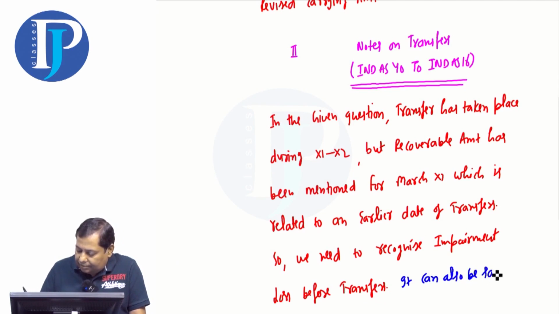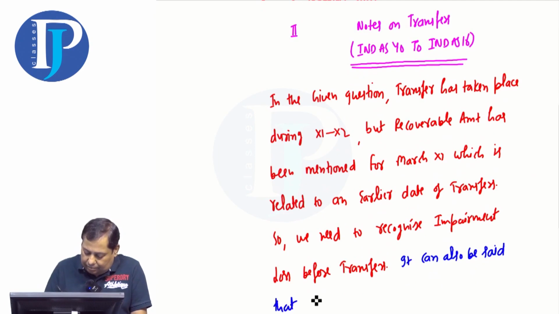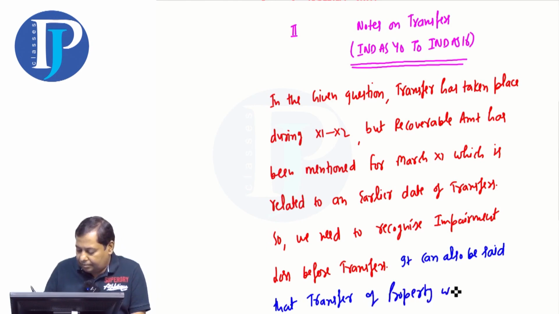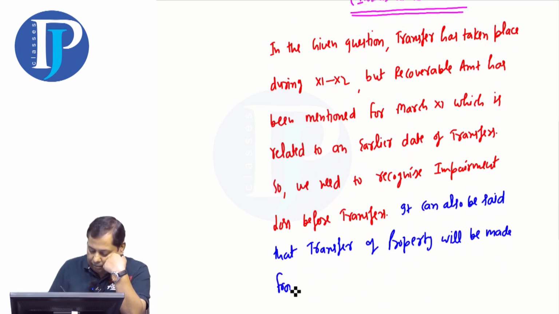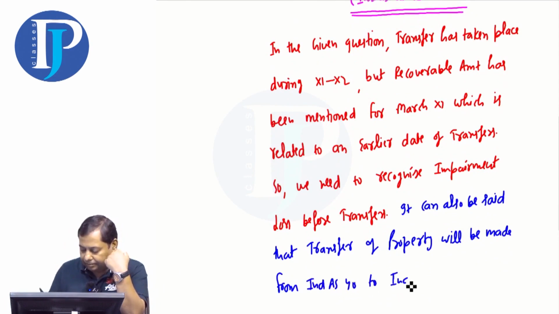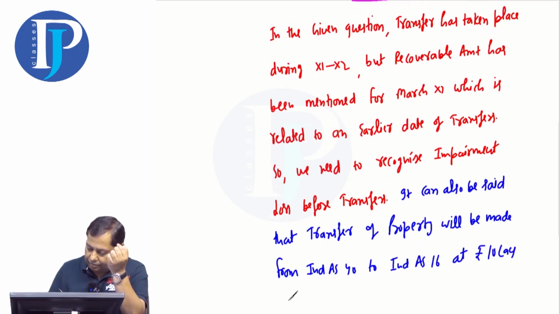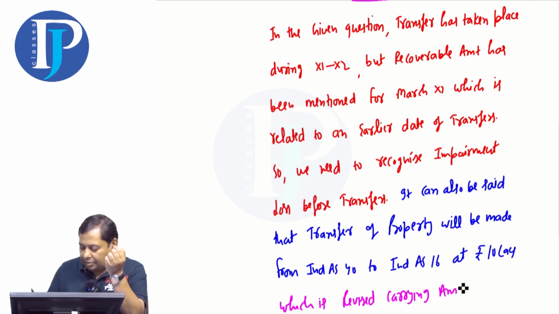After this, it can also be said that the transfer of property will be made from Ind AS 40 to Ind AS 16 at 10 lakh rupees, which is the revised carrying amount.